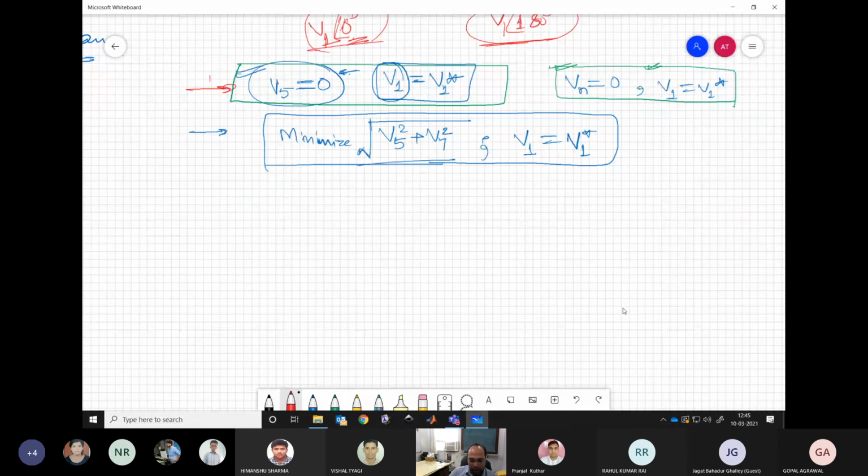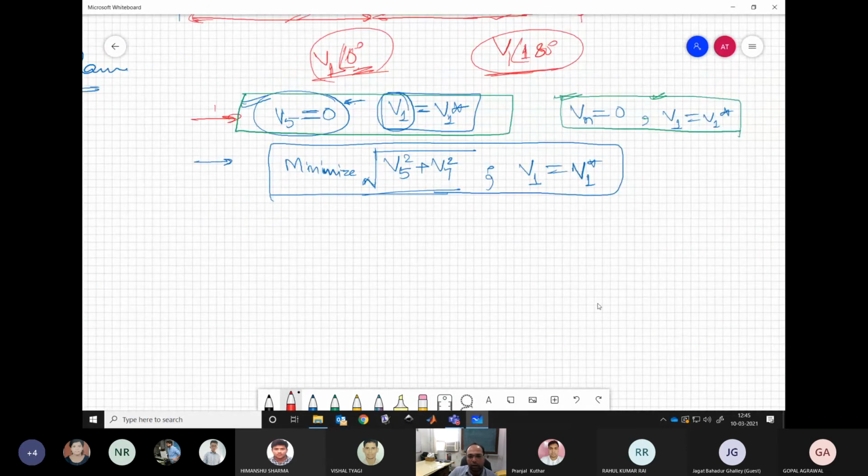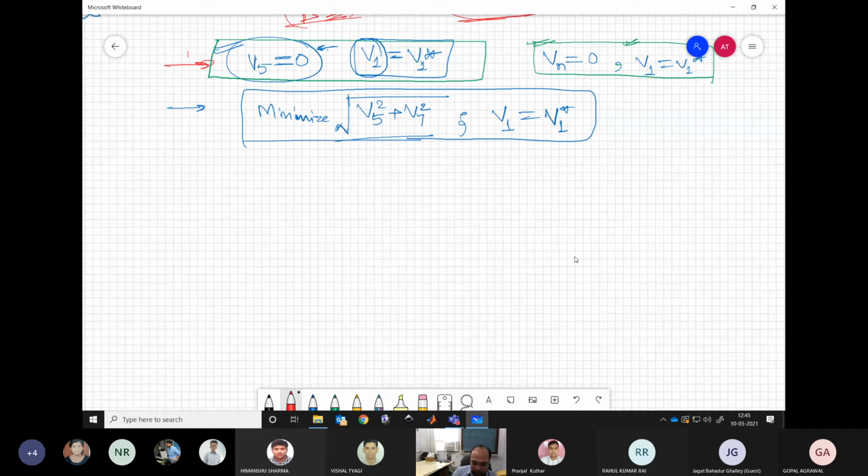Now, another option is to include more voltage harmonics in your performance criteria. You minimize a bigger set of harmonics n, with n not equal to 1 and all the odd non-triple values, 5, 7 and so on, and sum all of that.